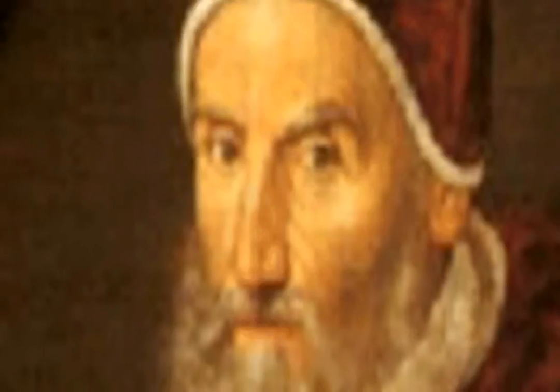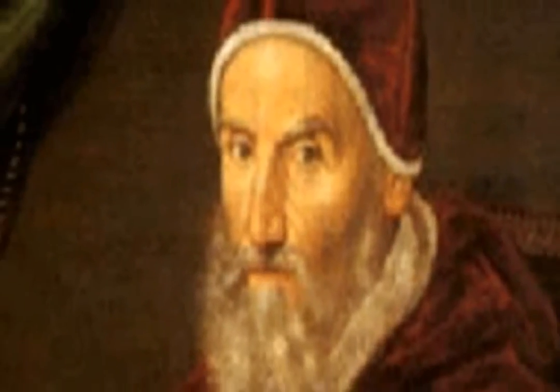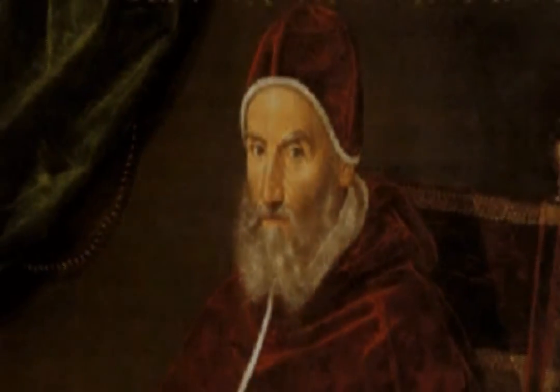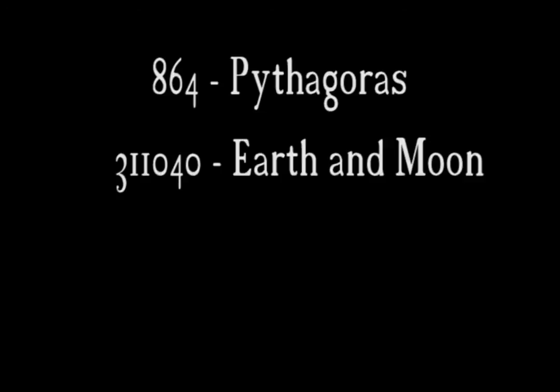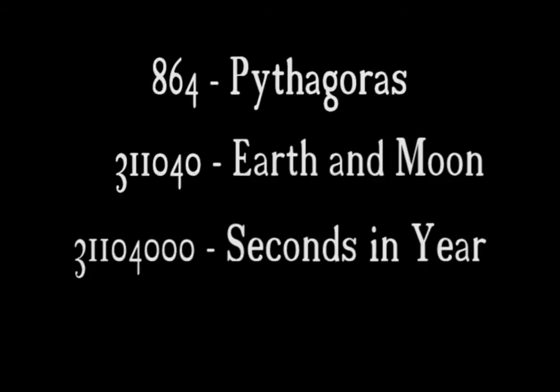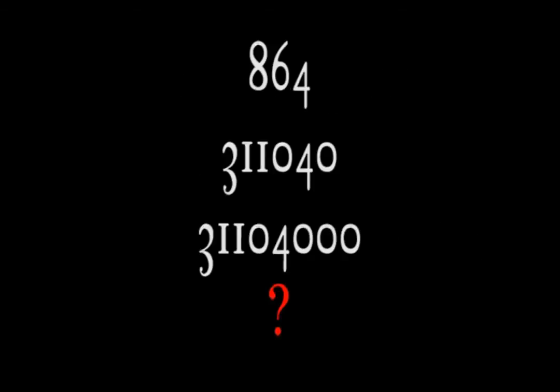Now let's take the numbers that we've found so far and find another hidden number. We take 864, which is Pythagoras. We take 311040, which is the connection between the Earth and the Moon. We take 31104000, which is the number of seconds in a 360-day year.